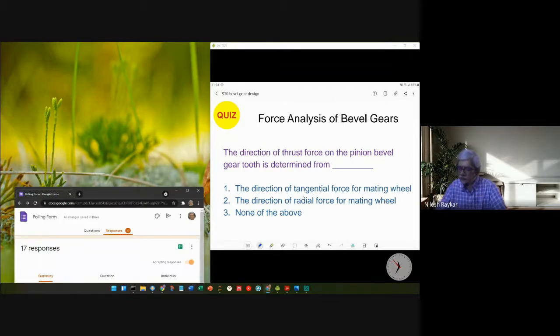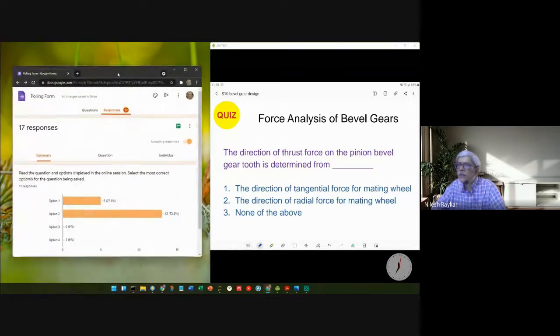Okay, so I think without the figure, some of you will have a problem in visualizing. That's why the rate of response is slow. See the answer.